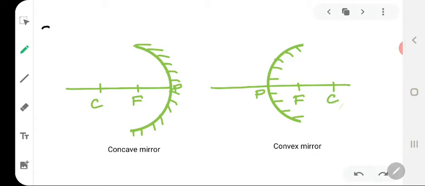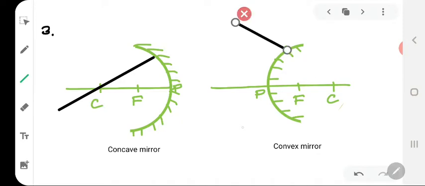Coming to the third one. Any ray of light which is passing through the center of curvature or which is directed towards the center of curvature. In case of a concave mirror, it is passing through the center of curvature, but in case of a convex mirror, it is directed towards the center of curvature.